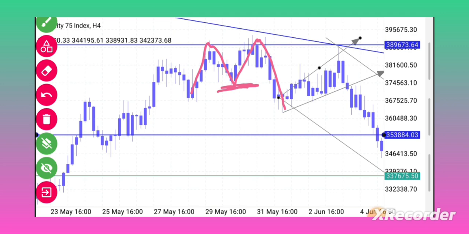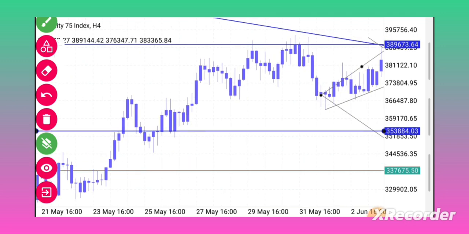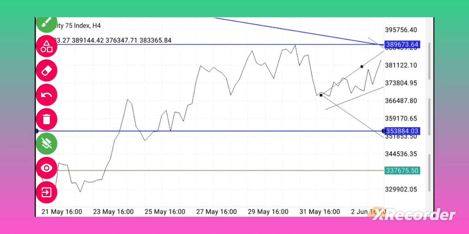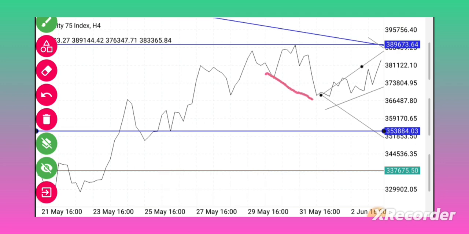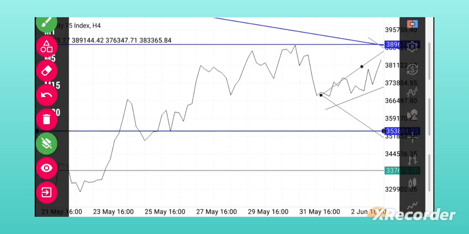What I always want you to do is go to line chart. When you go to the line chart, get your horizontal line, connect this downward and connect to the previous high. Always wait for the market to come back to this area. Are you getting the point? Let me clear everything.